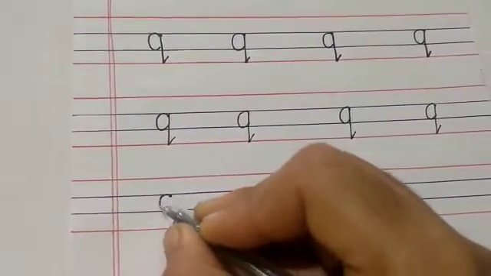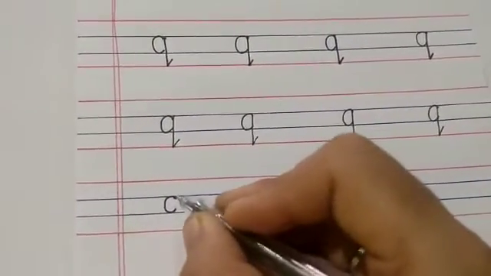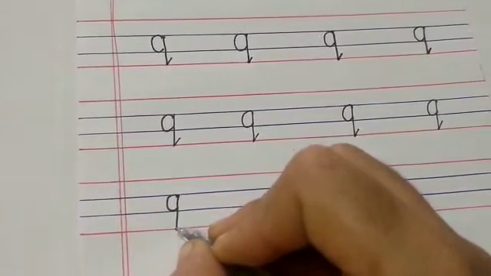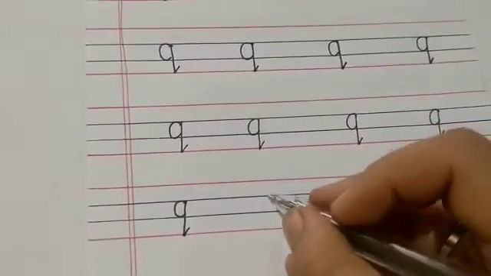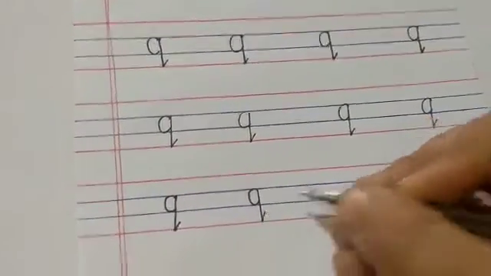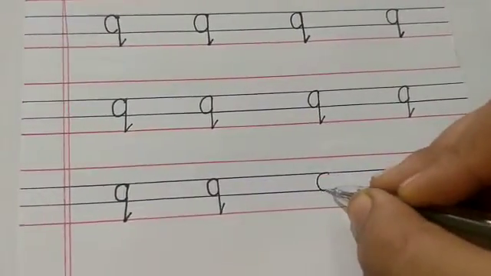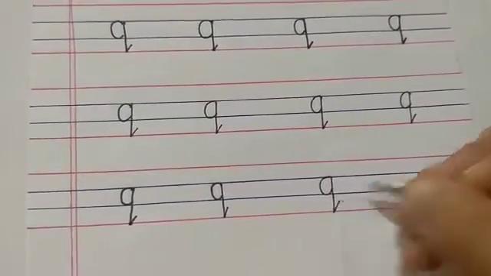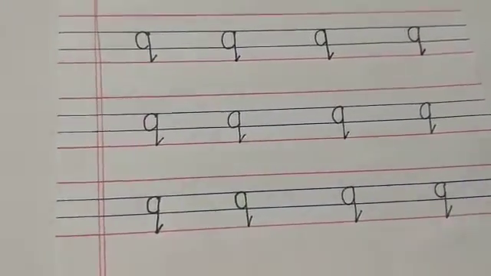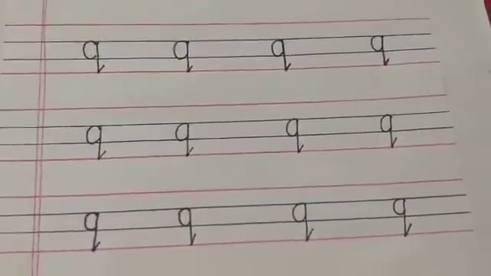We'll make a small c from the blue line, then again go to the blue line and make a standing up line and touch the red line, then a small tick. This is small q. I hope you all understand how to write small q.